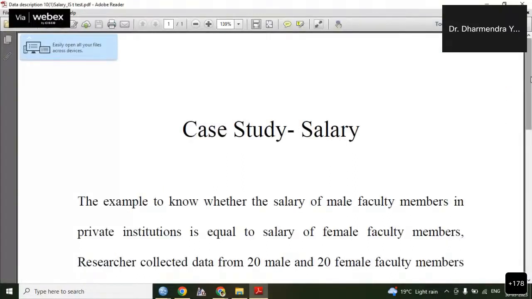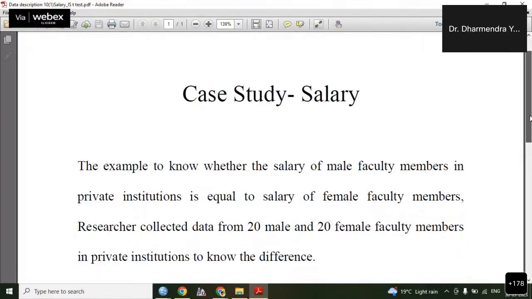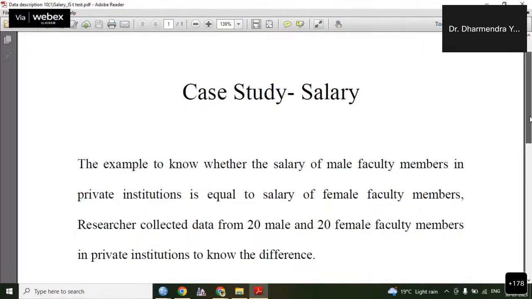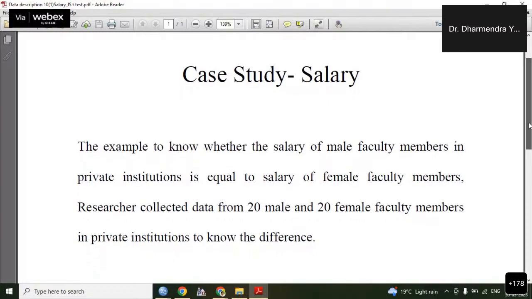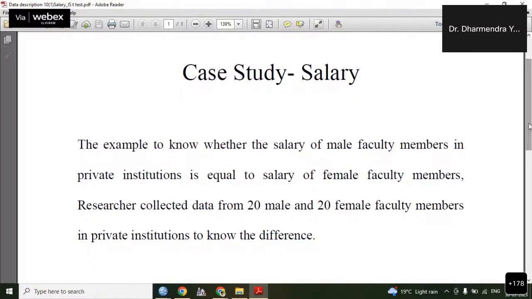So this is the other case, the case of two samples, right? It means we have two independent samples. For example, suppose in our participants one group is male and another sample is female.